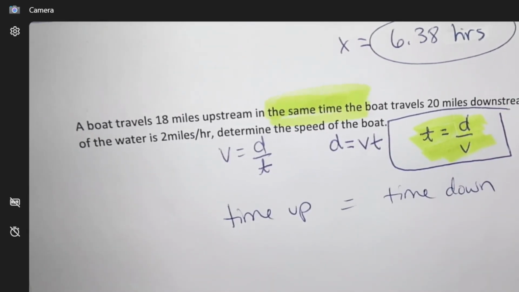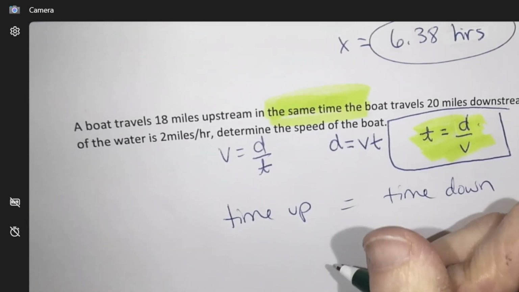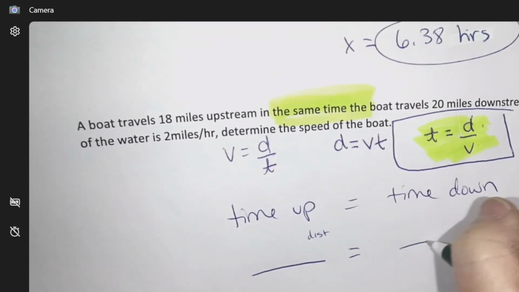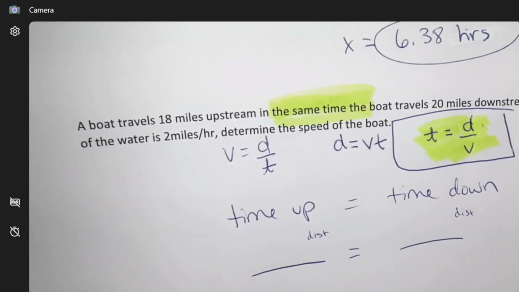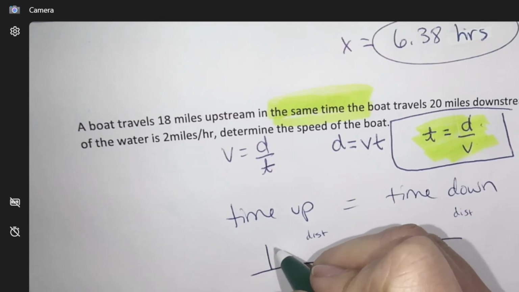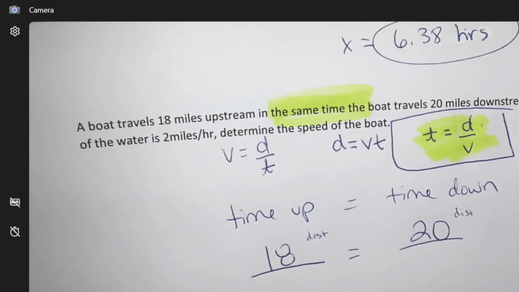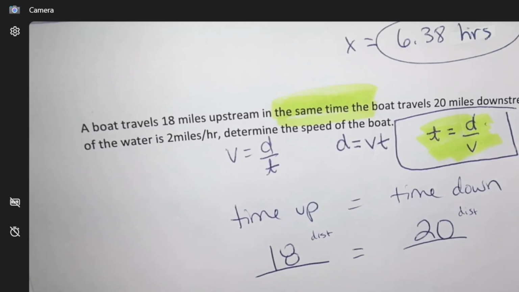So I'm going to be using the fraction distance over velocity. Okay, so there's my distance on each. The distance up is this one, the distance down.